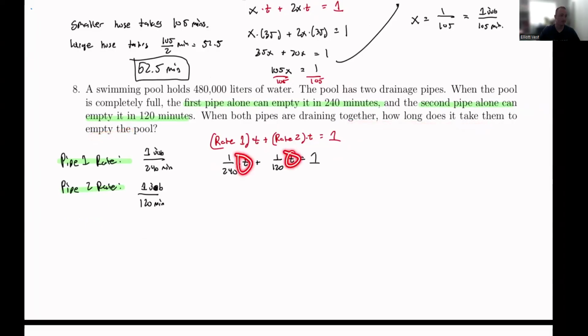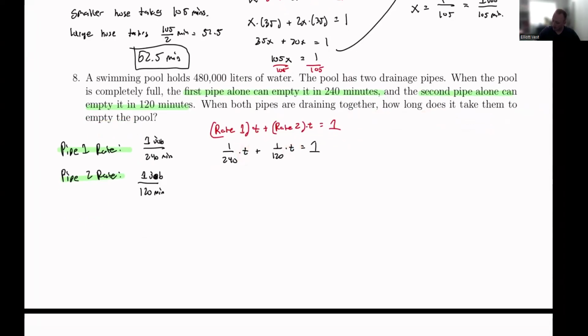Well, we're asking for T here. So what am I going to do? Let's change this to T over 240 plus T over 120 equals 1. What's the LCD for a problem like this? What's the thing we multiply by to get rid of all the fractions, like in prior videos? It's 240.